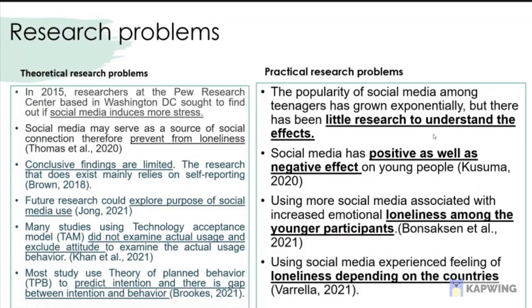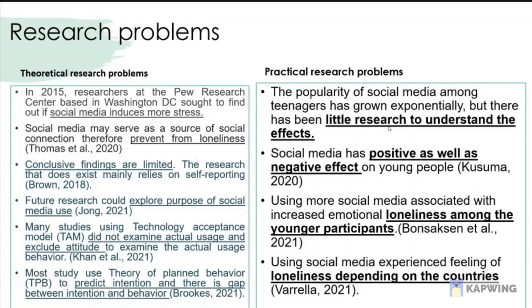And a practical research problem will be where the popularity of social media among teenagers has grown exponentially. However, there is little research to understand the effect, right? Social media has a positive effect as well as a negative effect on young people, right?